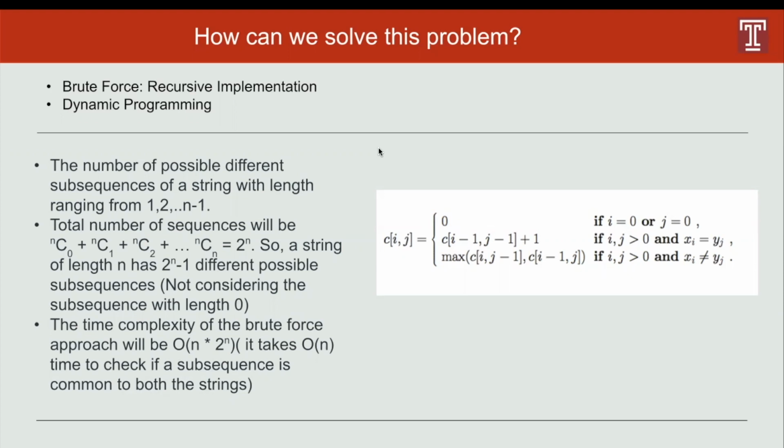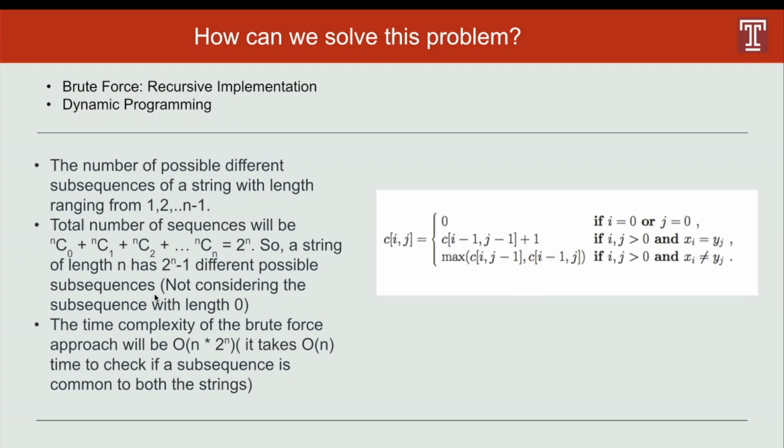If we find all the combinations, for example nC0 plus nC1, nC2 and so on, after summing all those combinations we find that 2 to the power n subsequences are there. So a string of length n has 2 to the power n minus 1 different possible subsequences if we ignore the sequence that has a length of 0.